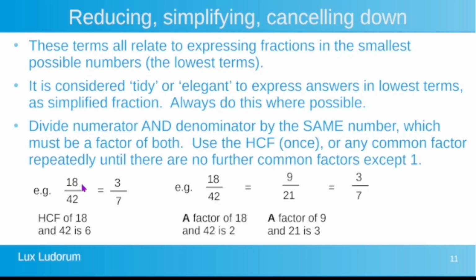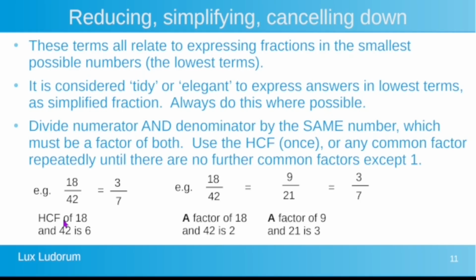We can reduce 18 over 42. The highest common factor of 18 and 42 is 6. So we divide 18 by 6, that gives 3. 42 we divide by 6, that gives 7. 3 over 7.